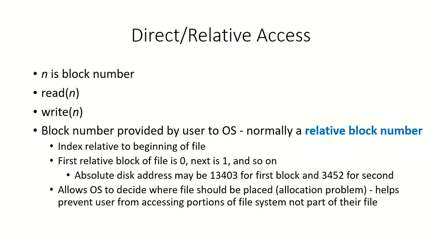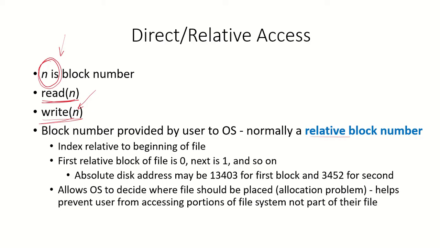Here in direct access, the access is through the use of the block number n. So read n would go directly to block number n, and information from that block will be read. Write n would write into this particular block, and no sequential order is required.